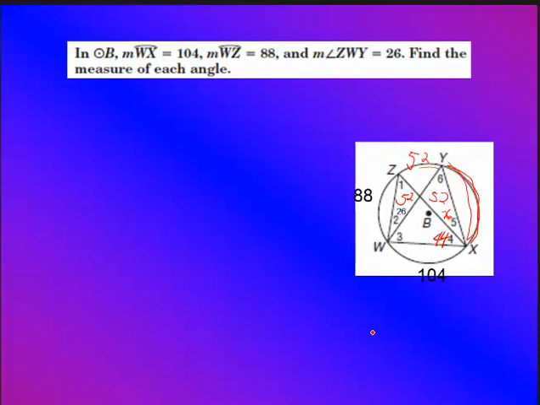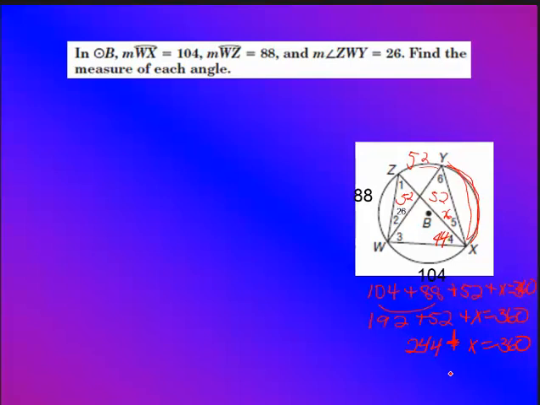I really want you to be thinking about this, not just waiting for me to give you the answer. We know that the whole circle is how many degrees? 360. So I'm going to add up what I know plus my unknown, and that's going to equal 360. These two would be 192. Add those together and we get 244 plus x equals 360.